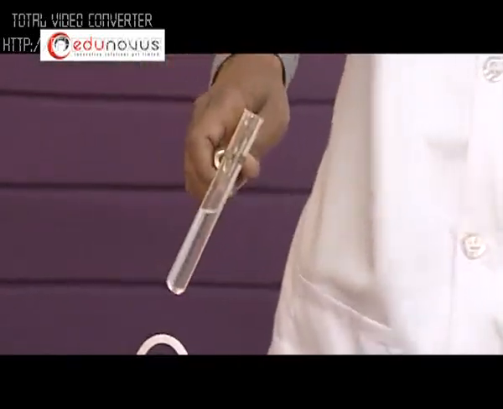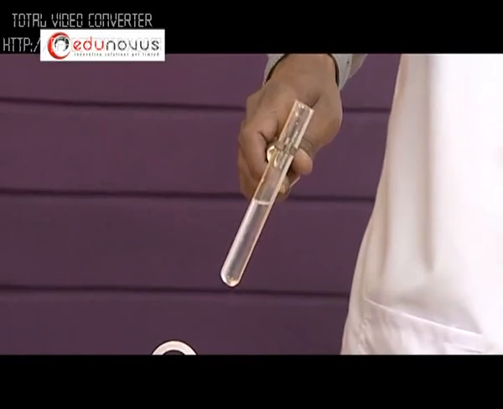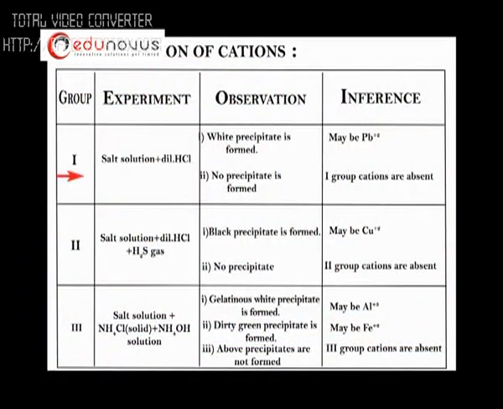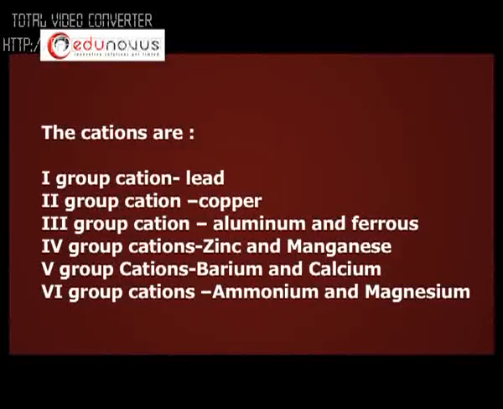No precipitate is formed, or the white precipitate corresponding to the presence of lead is not formed. Therefore, we infer that first group cation, that is lead, is absent. Therefore, we eliminate the first group cation lead from the possibilities.